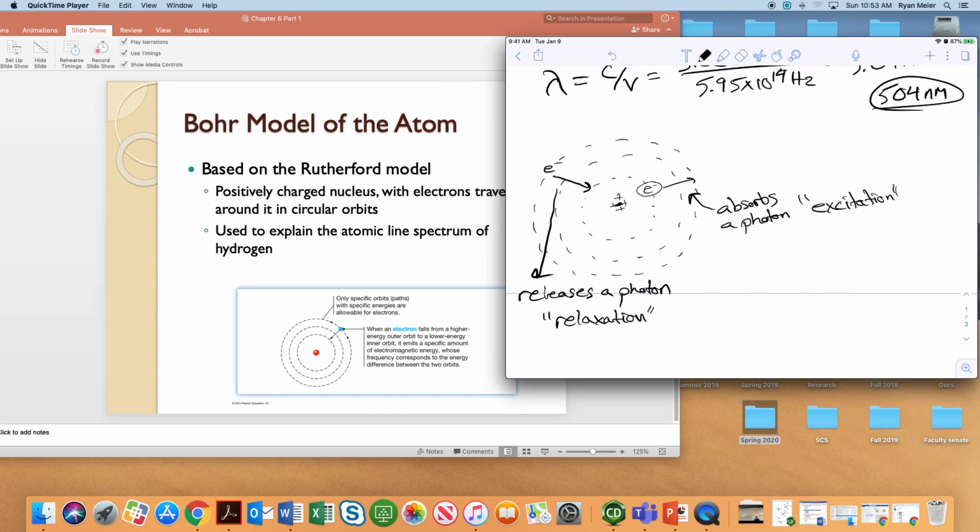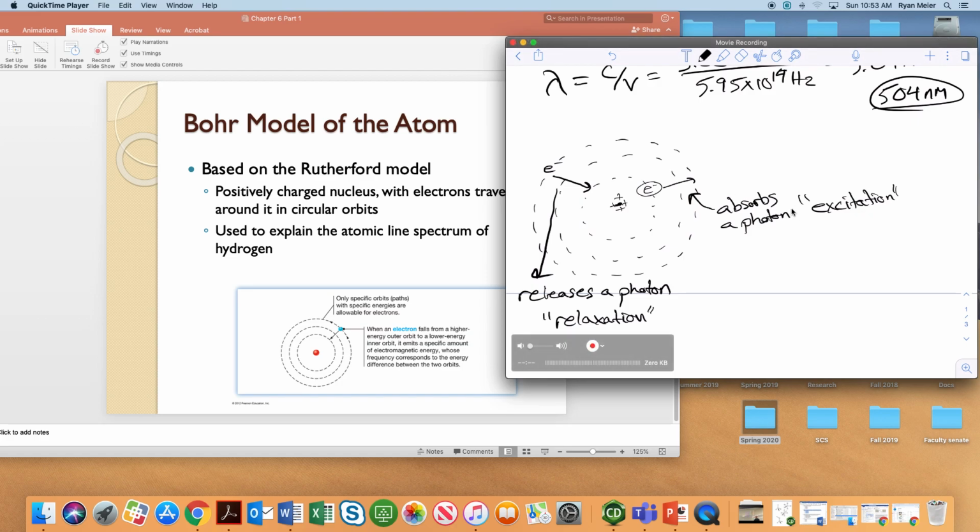So these are the two ways atoms interact with light: they absorb it through excitation, where our electron goes from an inner circular orbit to an outer one, and they emit light through relaxation, where the electron moves from an outer orbit back down to a more stable inner orbit. We go from a higher energy to a lower energy, so it gives off energy in the process, as a form of light.